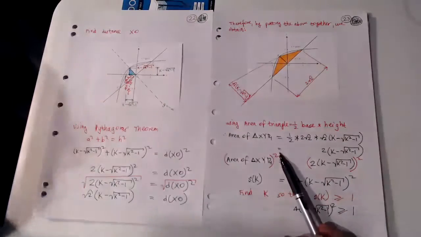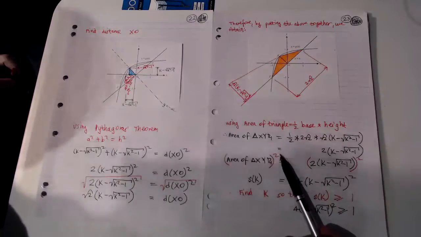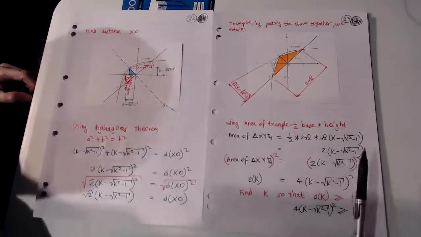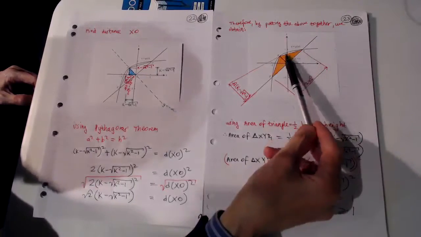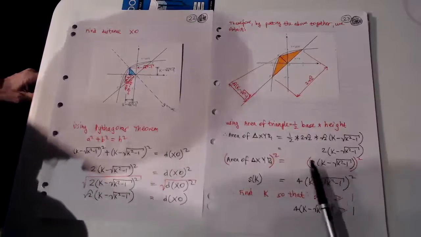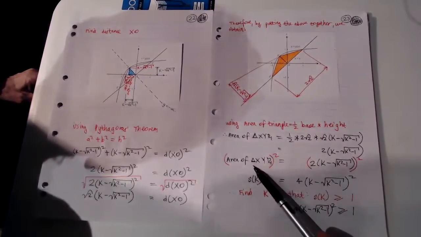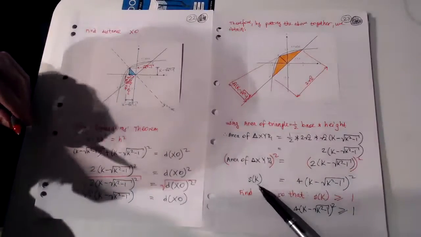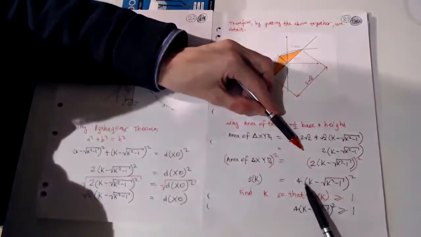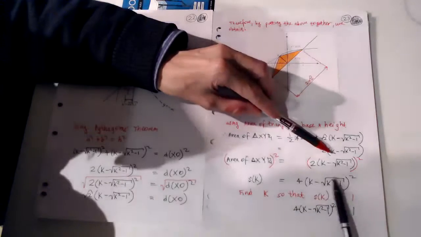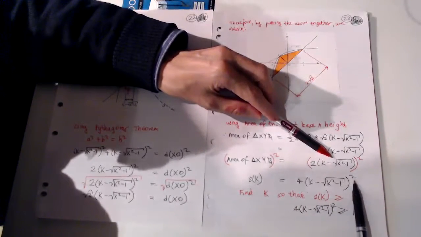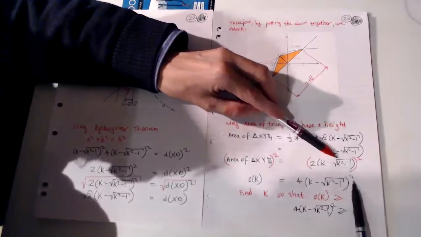But they do tell us in the question that S(k) is equal to the square of the area of that orange shaded triangle. So therefore, to get S(k), you've got to square both sides, and you get S(k) equals 2 squared is 4, and it's k minus square root of k squared minus 1, squared there.